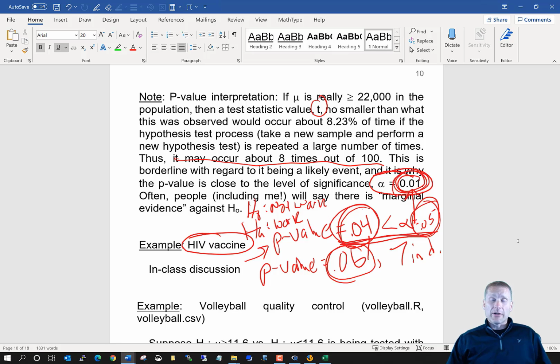To re-emphasize my point here, I bring this up because over the last few years, there's been a lot of critical statements made about hypothesis testing, and a lot of those statements are because of people misinterpreting what the hypothesis test is giving.